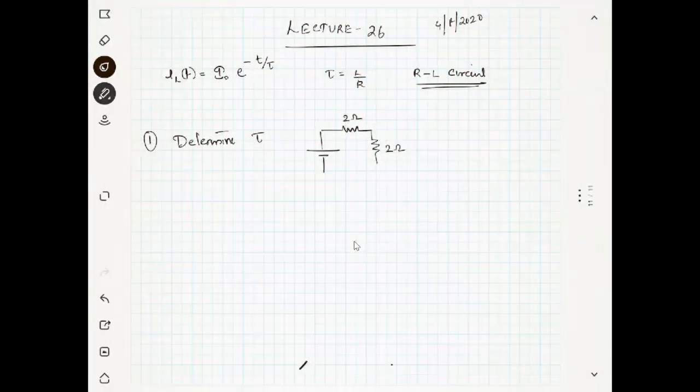You have a voltage source, V in, and you have a 1 Henry inductance like this. What is the equation for the time constant that we have seen?